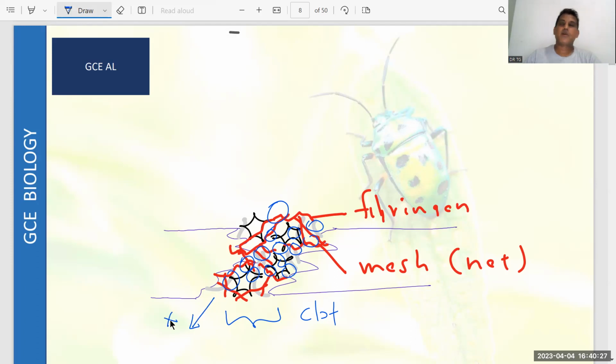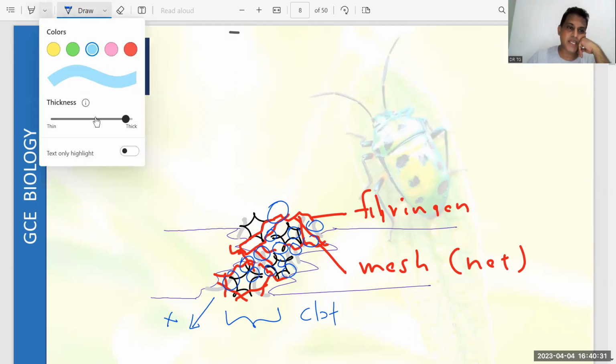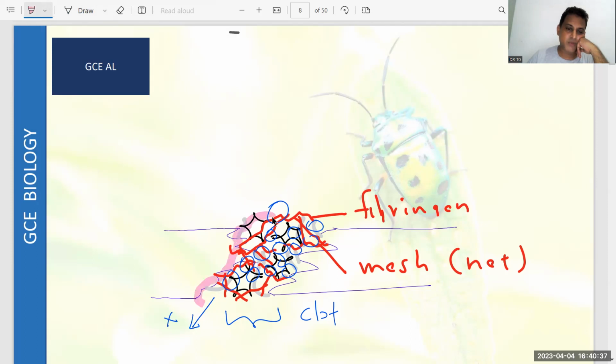Because blood cannot move, it makes a solid mass inside the blood vessels and the wall of the blood vessel like this. So this is a completely solid mass, and blood cannot go out now. So this is the end of the clotting process.